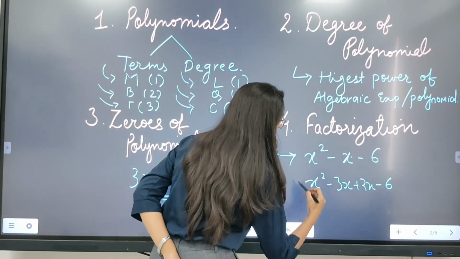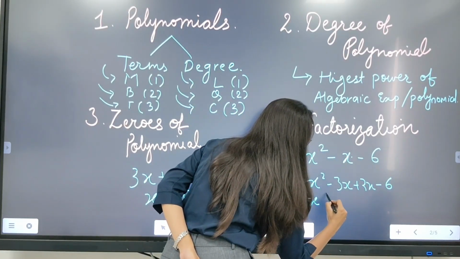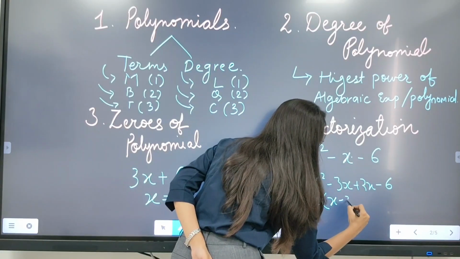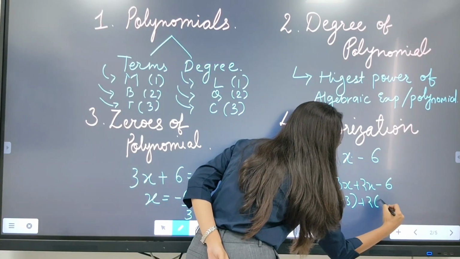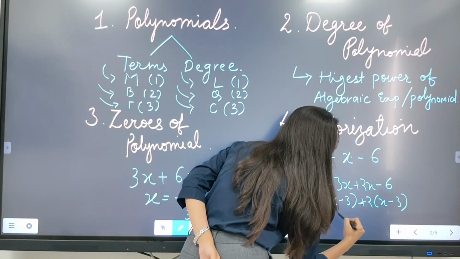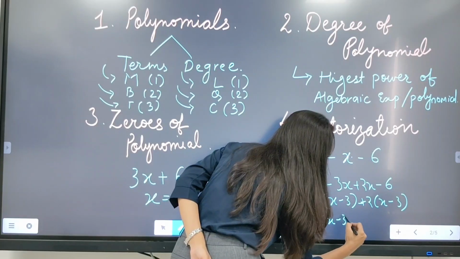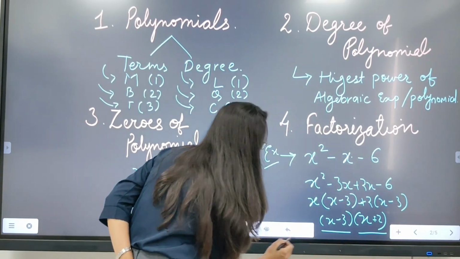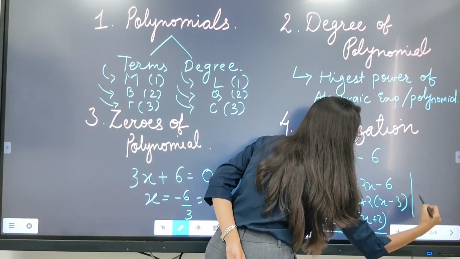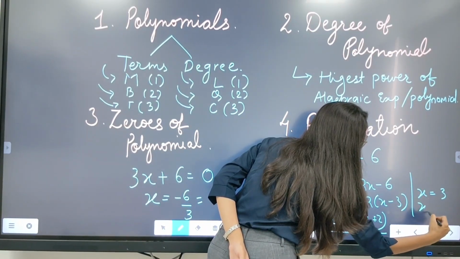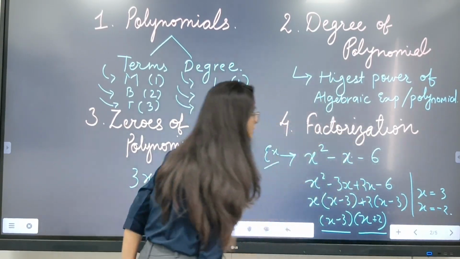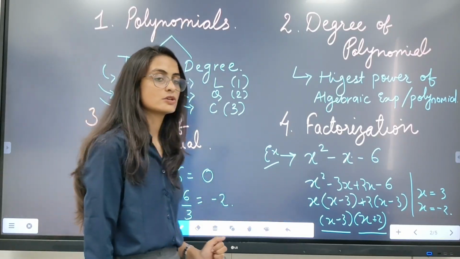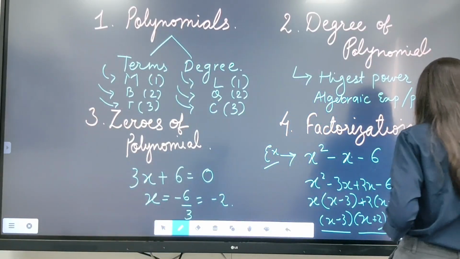Now let us take out the common factors from it. We can see that x is common, x minus 3 in the bracket, plus 2 is common, x minus 3 in the bracket. So from this we can see we are having x minus 3 and x plus 2 as our factors. Right? x equals to 3 or x equals to negative 2. Right? So these are the zeros of the polynomial.